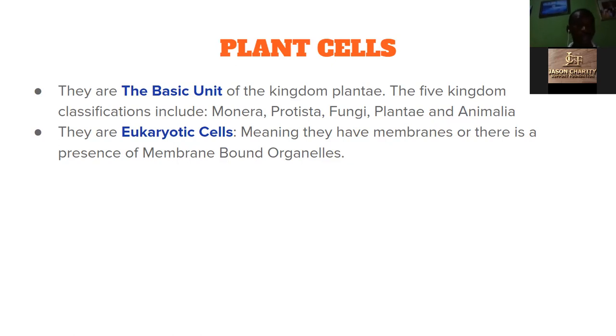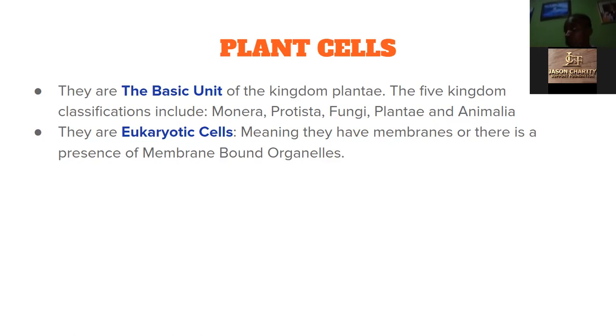they are also eukaryotic. In my previous class, when we talked about the kingdom classifications, I talked about what a prokaryotic cell means and what a eukaryotic cell means. The difference between a prokaryotic cell and a eukaryotic cell is just the presence of membranes. Any cell that has no membrane is regarded as prokaryotic.